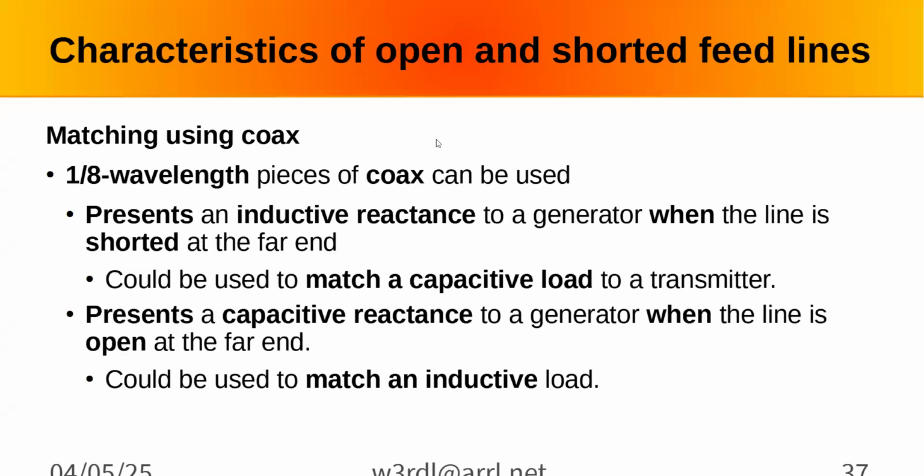Okay, matching using coax. So I can use an 1/8 wavelength piece of coax, and I can make it inductive if I short it on one end. I can make it appear capacitive if I leave it open on the other end. So depending on what I'm trying to do, I can either make it a capacitor or an inductor.